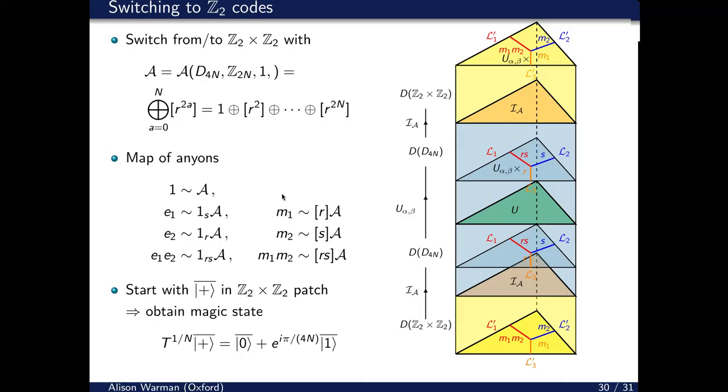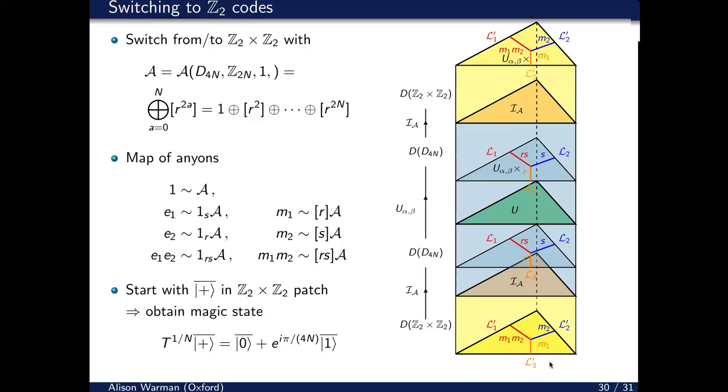The m1 anyon of Z2 is identified with R, the m2 anyon with S, and m1 m2 with R times S. This is because we're basically making R squared trivial. So we're only left with RS through this map of anyons through the interface.